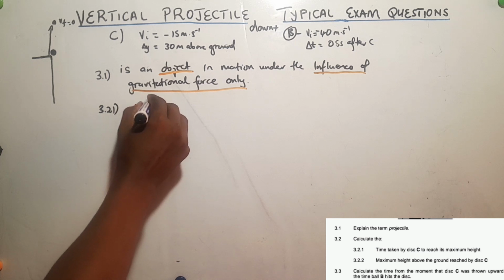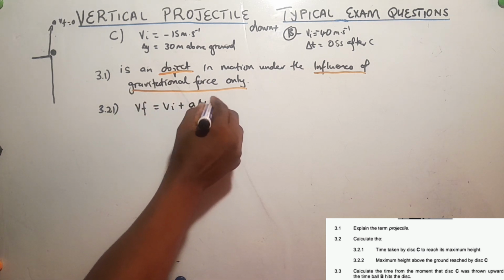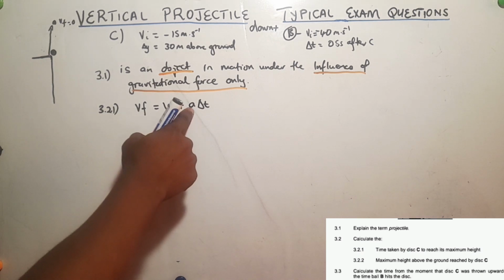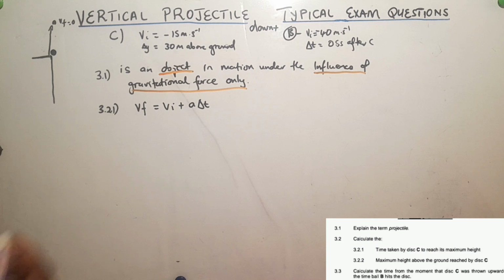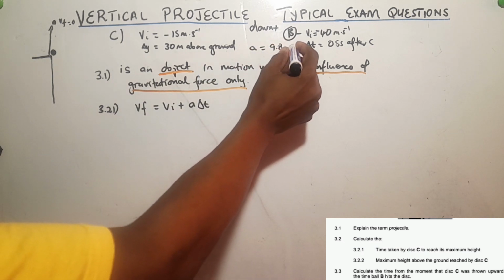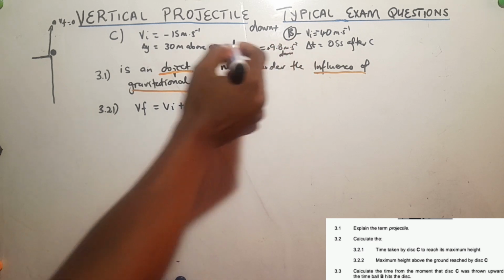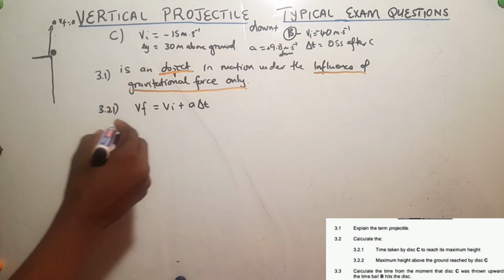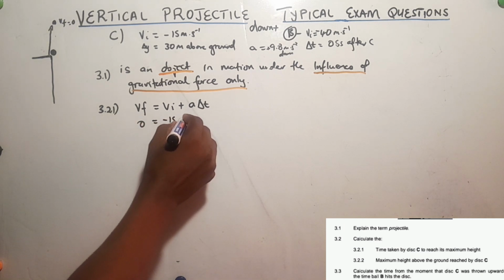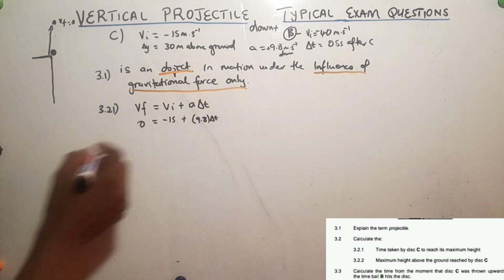Vf equals V initial plus acceleration times change in time, since we have final velocity, initial velocity, acceleration and time, and all of this we have. Acceleration is always constant. It is 9.8 meters per second squared downwards always, right? So it should be a positive one. Our Vf is 0 and our V initial is negative 15 plus 9.8 change in time.